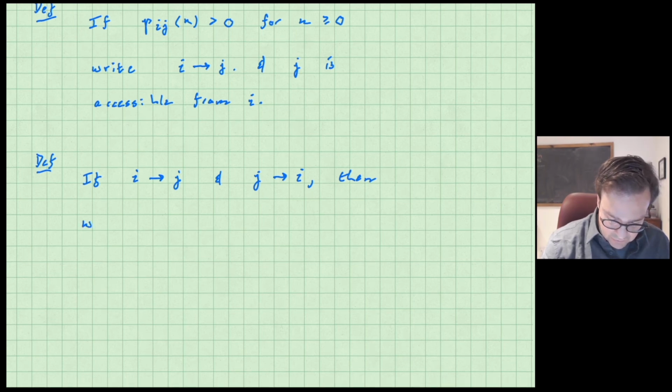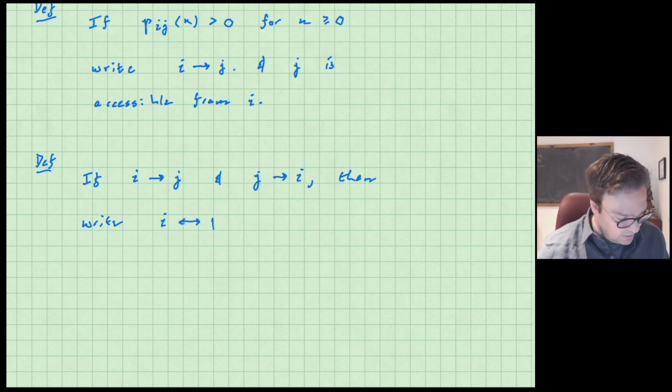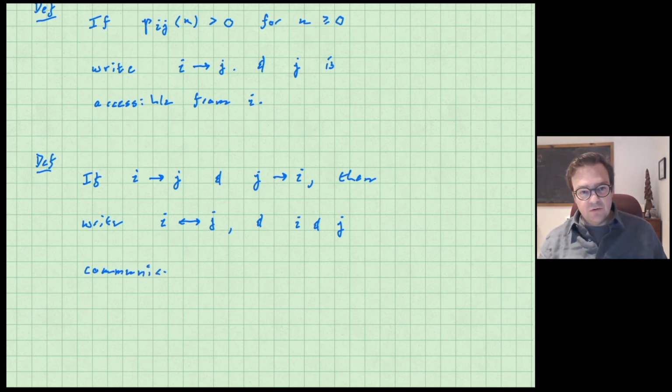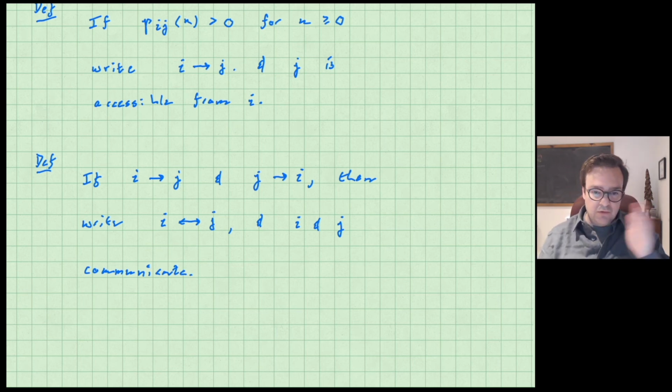It's kind of an obvious choice. And we say, i and j communicate. So that's why I didn't want to introduce that term for the previous definition. I and j communicate means that you can get between the two in either direction.